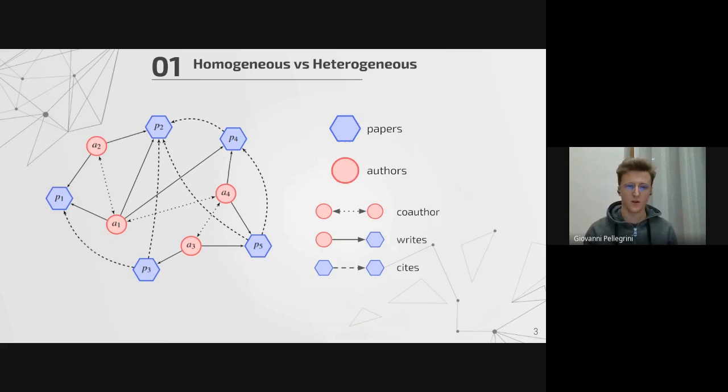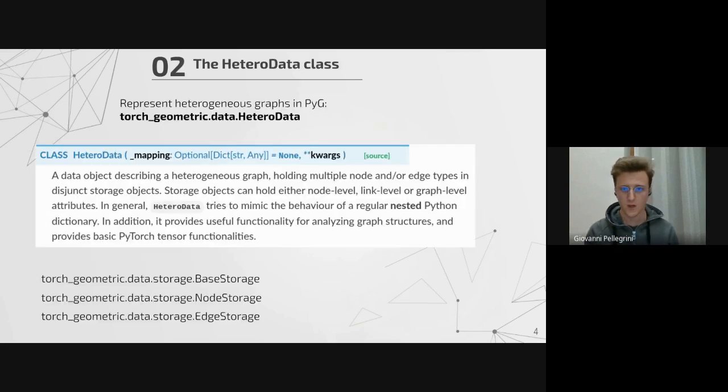However, here it's a little more complicated because we cannot have one single matrix or table to represent all the nodes, since nodes might have different dimensionality, and so we cannot use the very same homogeneous representation for this type of graph. In this case, in PyTorch Geometric, the HeteroData class comes to our aid.